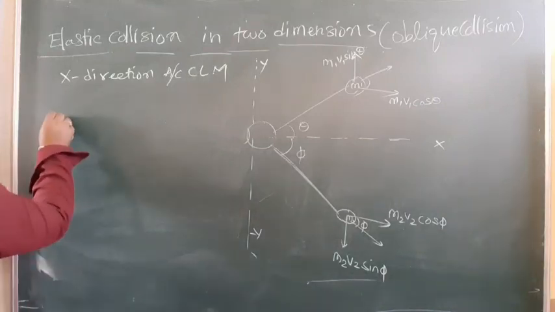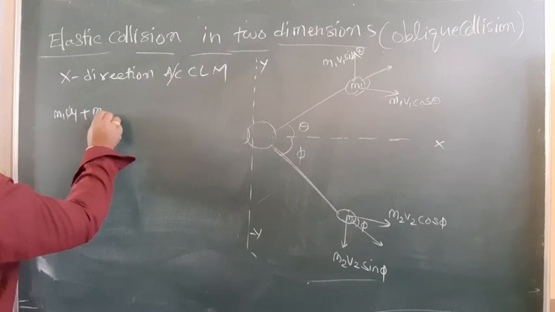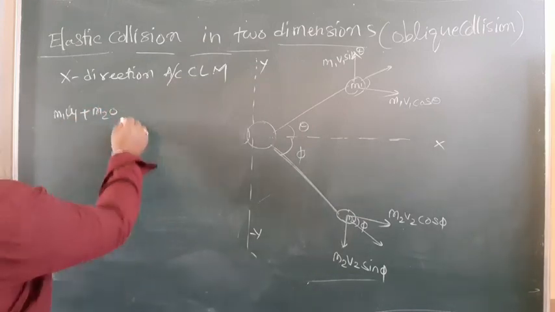Before: m1 u1 plus m2 times 0, because the second body is at rest.